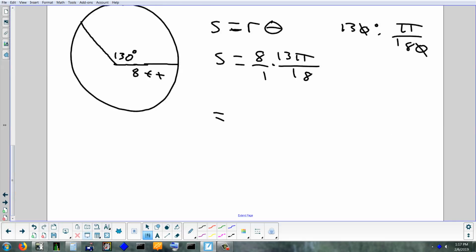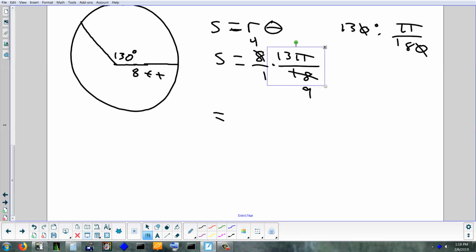Okay, I can reduce that before I multiply it. 8 and 18, both divisible by what? Well, Jacob? 2. Yeah, both divisible by 2. 2 goes into 8 how many times? 4. 4 and into 18? 9. Yeah, 9. Perfect.